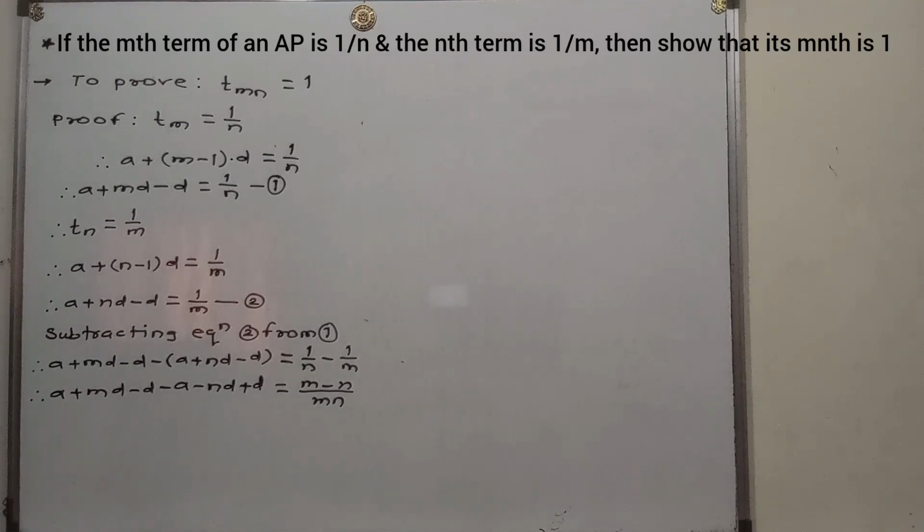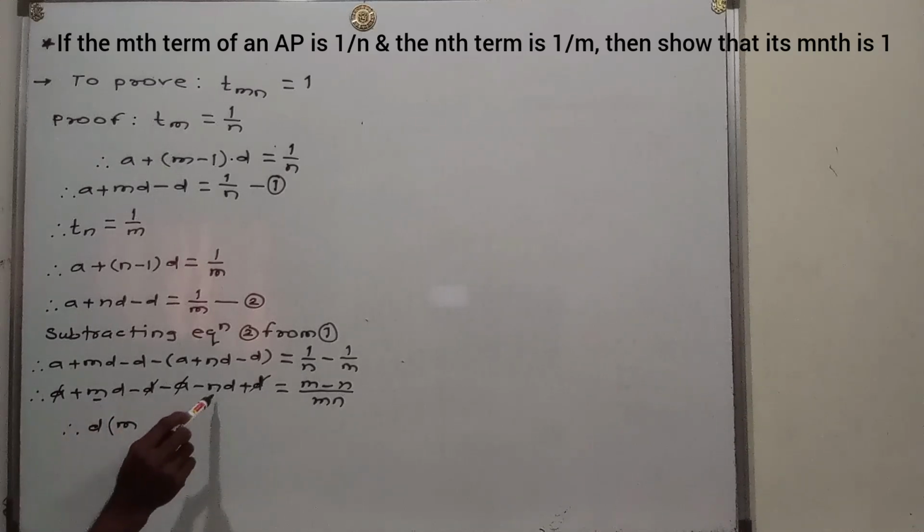Did you get it? Very simple. Now here plus a minus a, minus d plus d. Therefore, md minus nd, md minus nd. So here d is common, so we take d common. Then what is left? Here m is left, and here minus n. Did you get it?